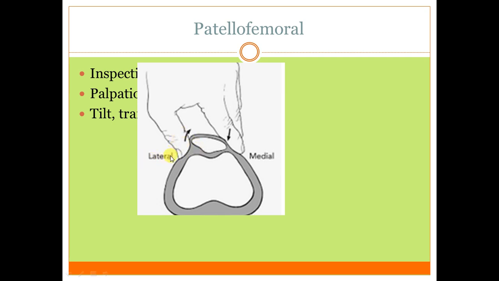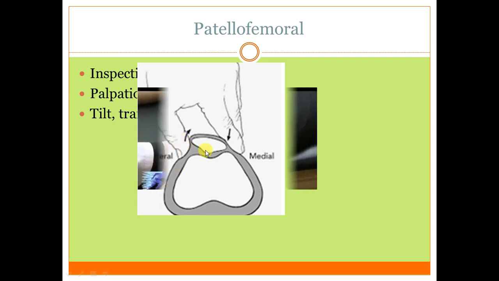Tilt means that with your thumb you are trying to tilt, elevate the lateral edge of the patella, while the index is depressing. It should open about 20 degrees. If it can't open, the lateral retinaculum is tight.